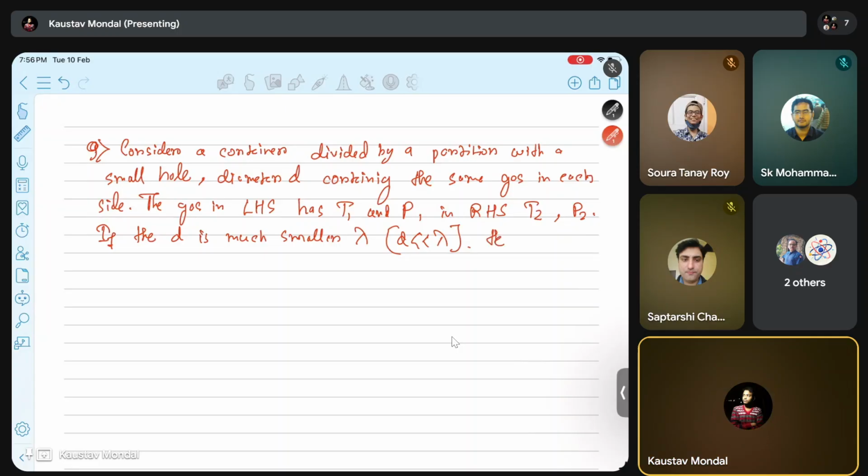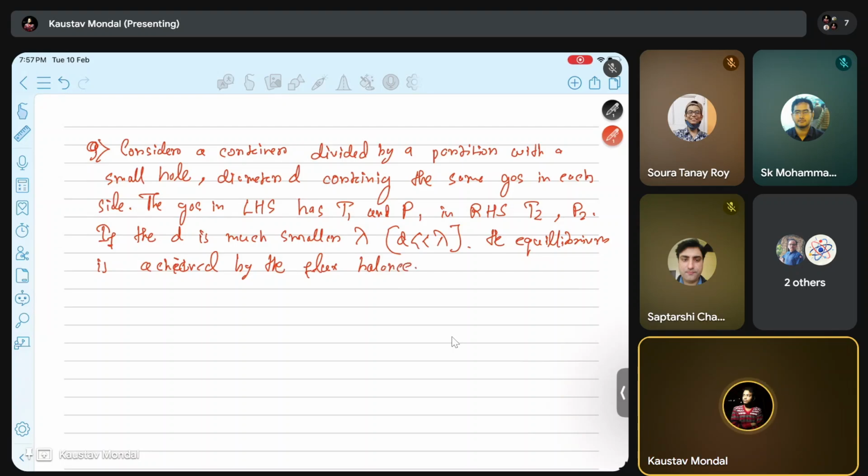The equilibrium is achieved by the flux balance.